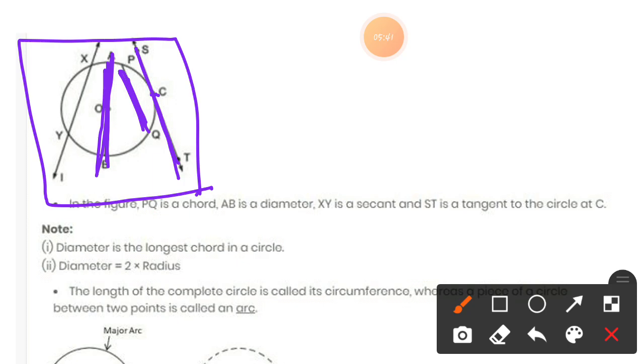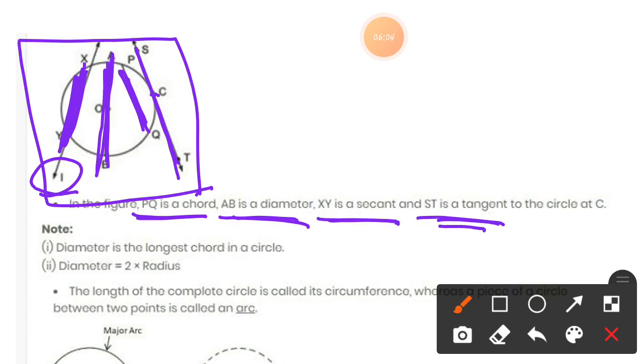AB is a chord, but it is passing through the center, so AB is the diameter. The line L is a secant. So in the figure, PQ is a chord, AB is a diameter, XY is a secant, ST is a tangent, and the center is O.